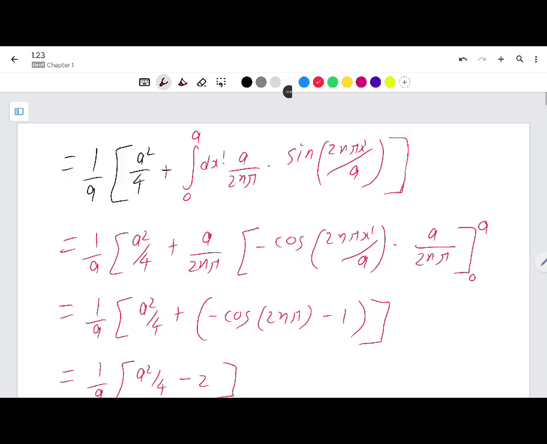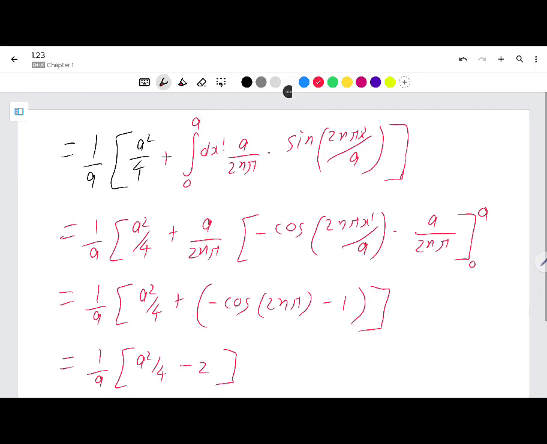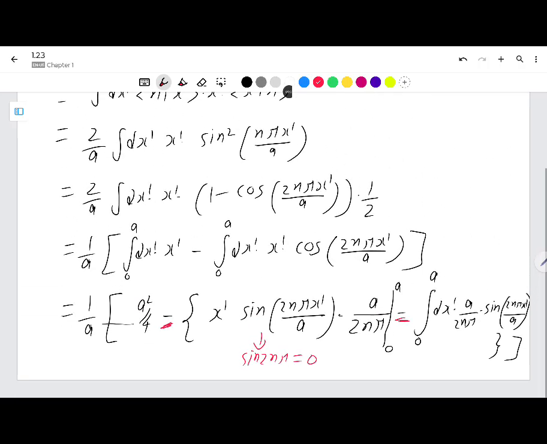Okay, I think there is an issue. So this will be plus 1. This entire term will be 0, and I think I made a mistake here. This will be plus a squared by 2.